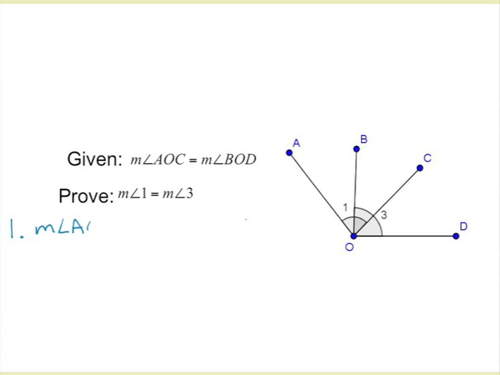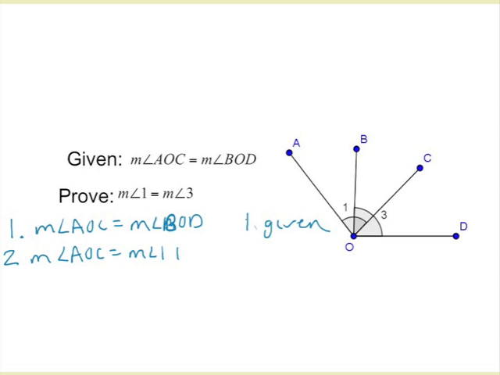So we're going to start with the measure of angle AOC being equal to the measure of angle BOD. Then when I look at AOC in the picture, AOC is made up of two different pieces, so I'm going to break it down and say the measure of angle AOC is the measure of angle 1 and also the measure of angle BOC.